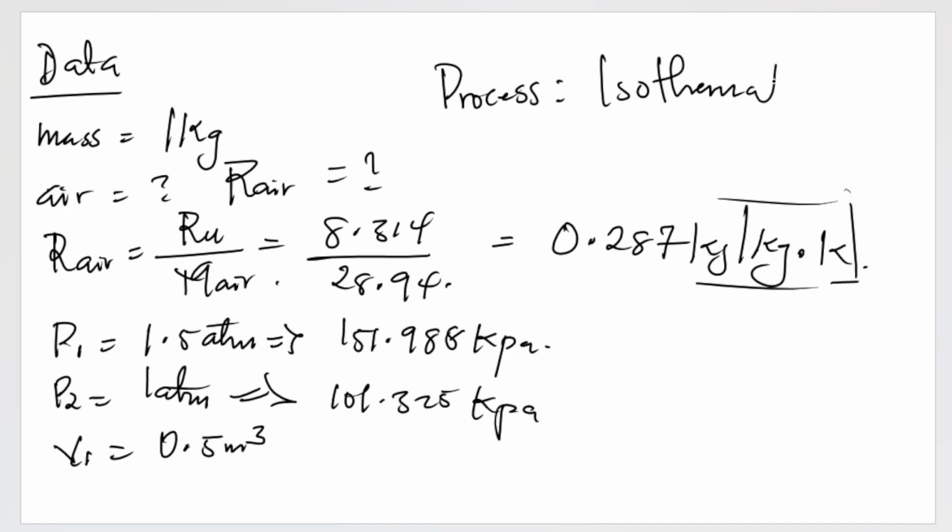So you always tell your examiner the type of process that your question is talking about, right? Now the next thing is for us to know what V2 is. But remember, if you've already known the process that your question is talking about, you get the equation of state for that process and use it to simplify to get your parameter that is not given, which is what?